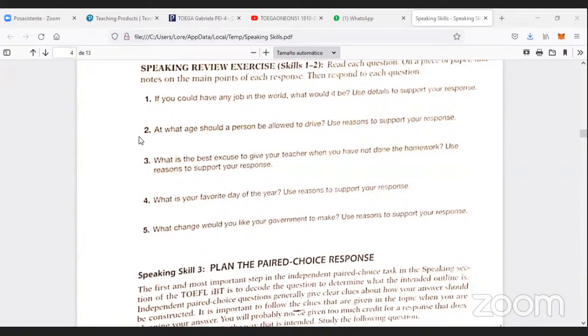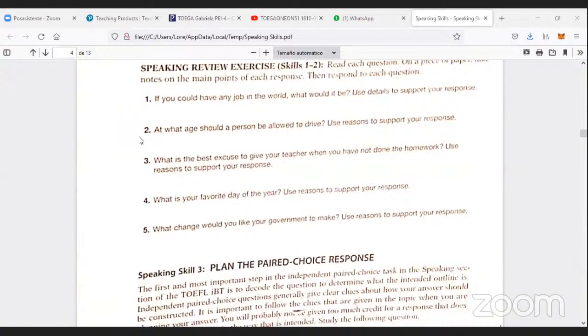And after that, if you have to compare something, you could do it or give examples. So it's going to be more about talk, and you are not going to have too many questions.